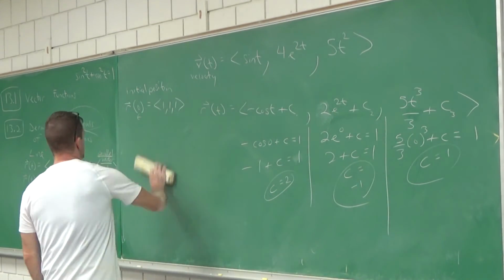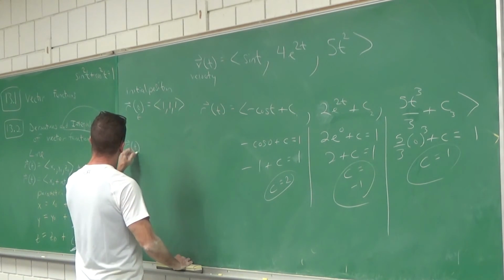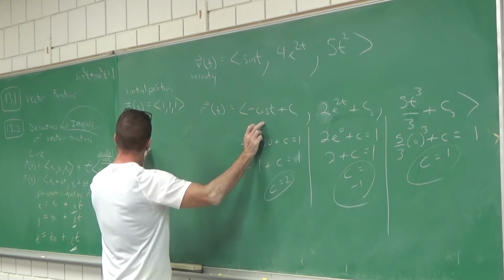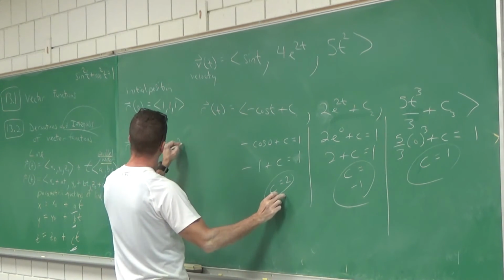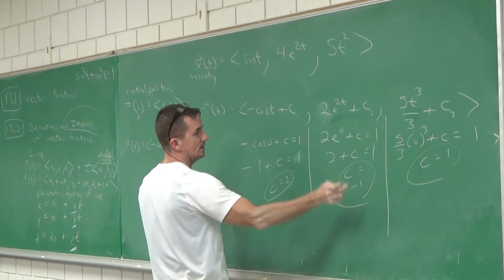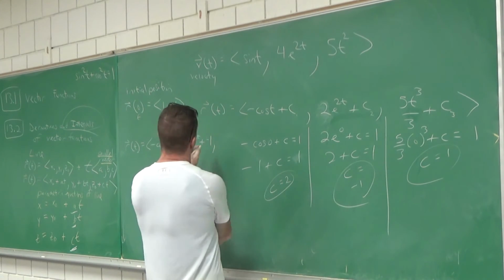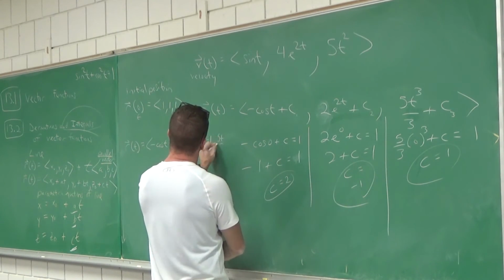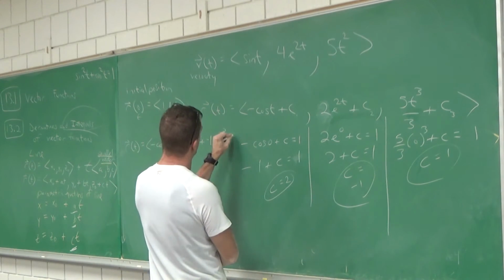So I'm going to write the final answer right here. R of t equals negative cosine t plus 2, comma, 2e to the 2t plus negative 1, and the last component is 5t cubed over 3 plus 1.